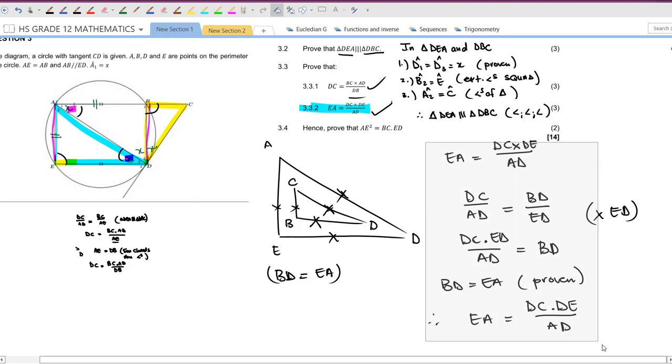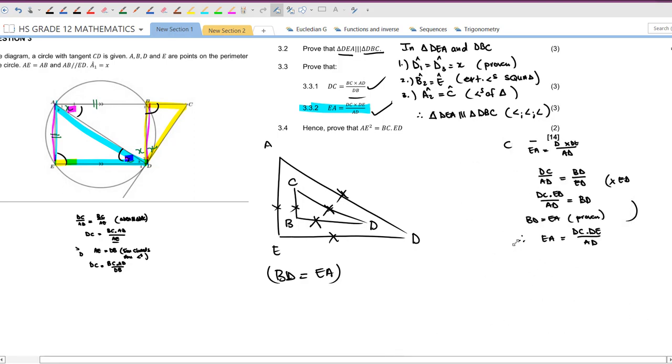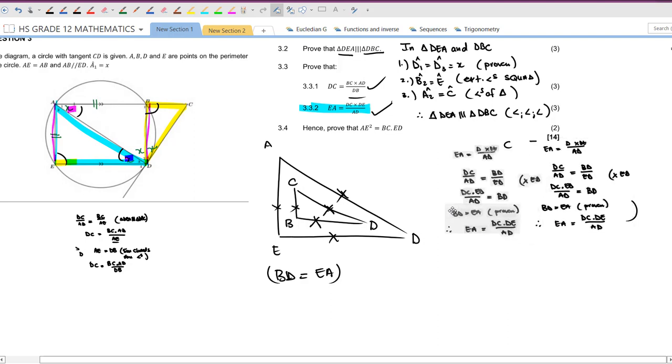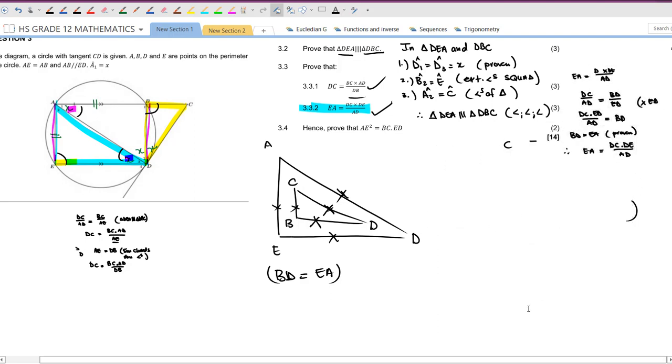Okay, I'm going to make it smaller again. Let's just make some space here. Okay, next question. You must prove that AE square equals BC times ED. It's 2 marks. It's really easy.